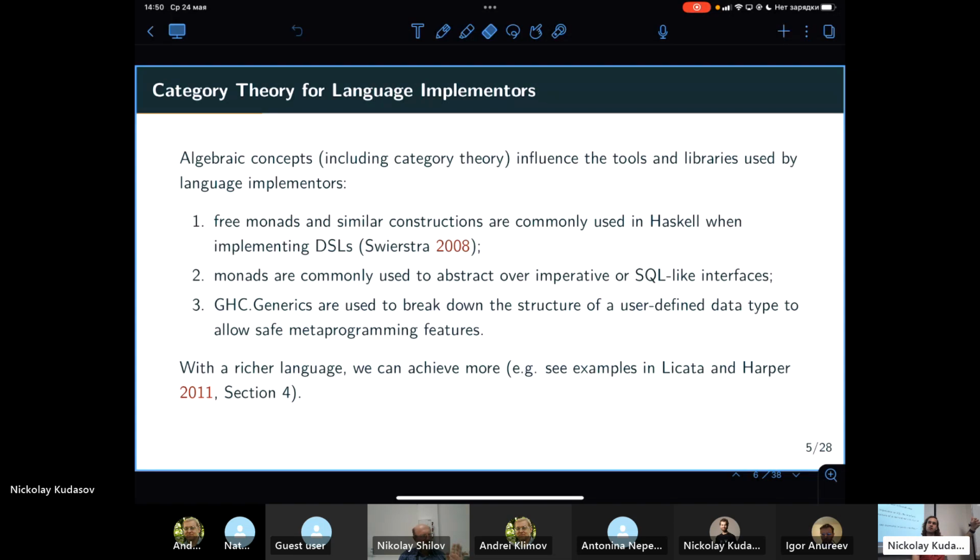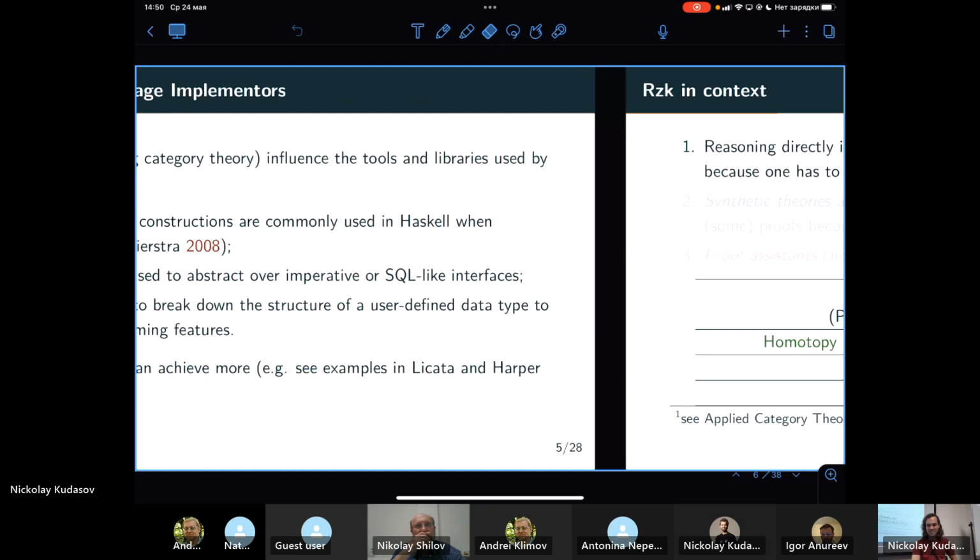Basically, it is sufficient for me right now. So it is a tool to describe user-defined types, correct? In a generic way, so that you can do metaprogramming, but in a safe way, not like in Lisp. No offense to any Lispers here.